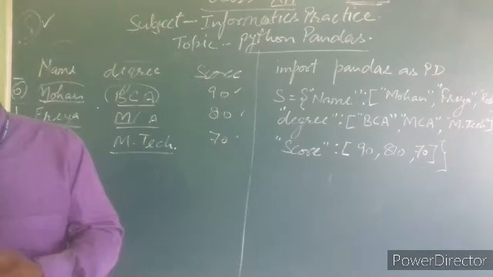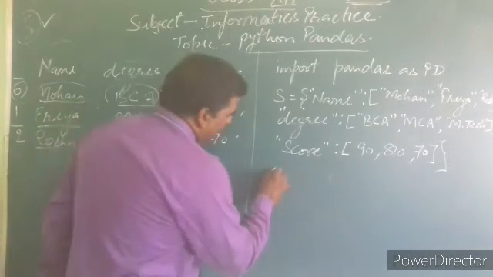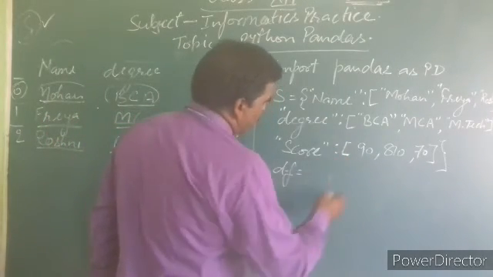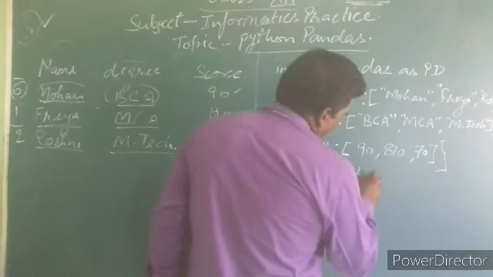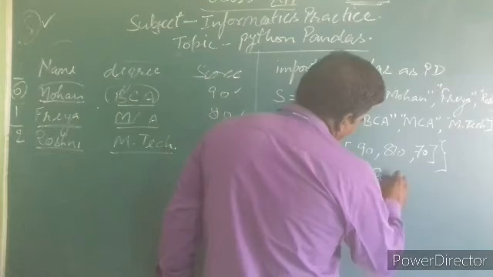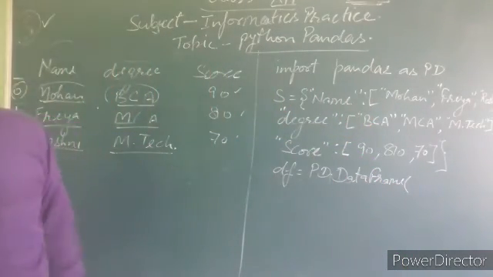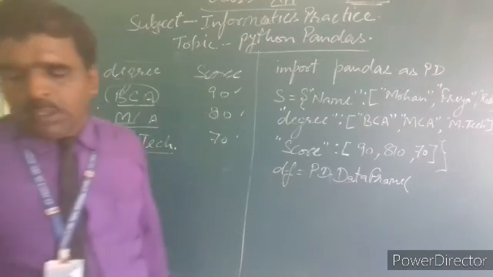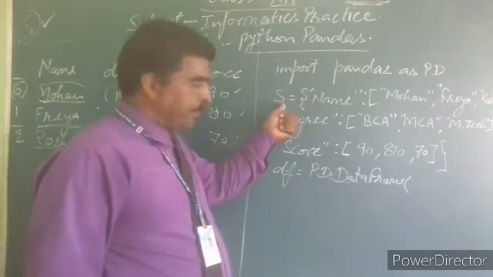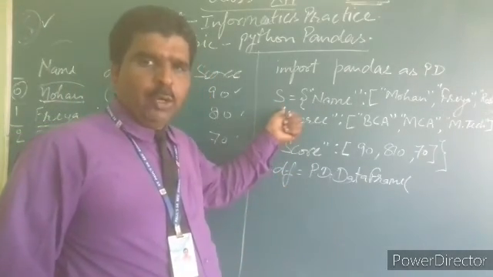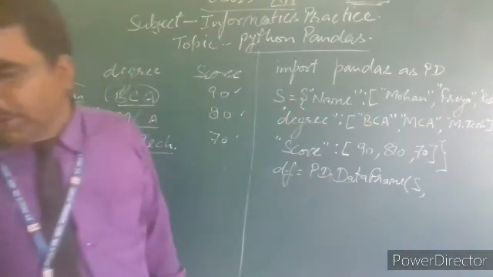So if you want to display this type of indexing, for that you have to write here df equals to pd dot data frame. After that you can give the name of the variable in which you are storing. So here we are taking s.